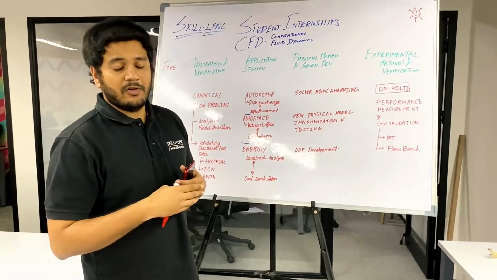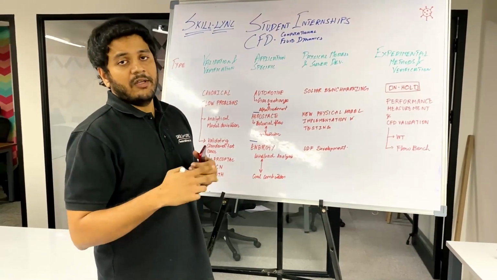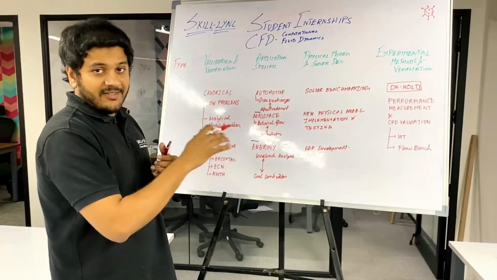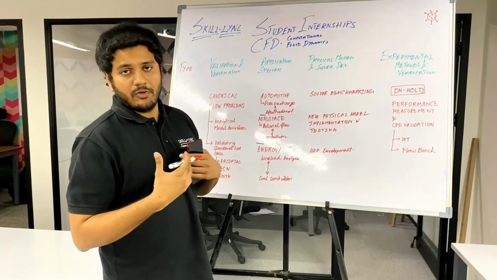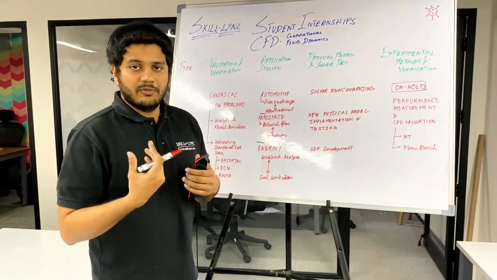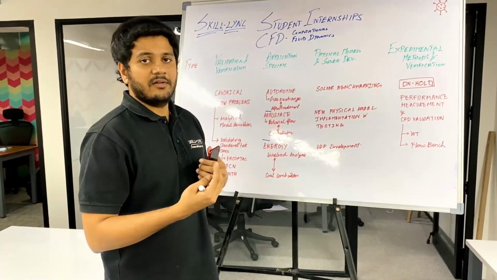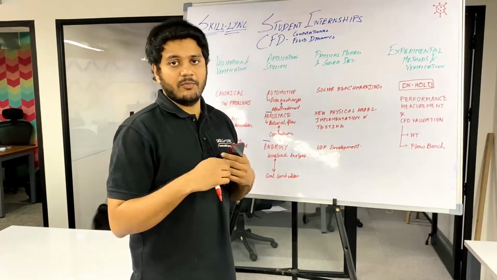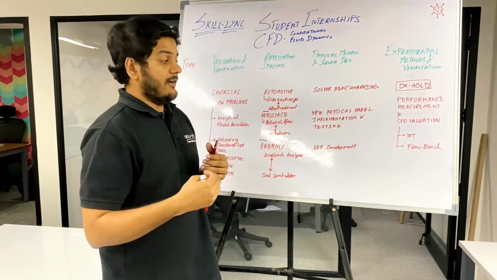It can be a pump, or it could be an IC engine, right? So this is, like I said, still on hold, but once we're able to operate this completely, students will be able to run experiments. They will be able to take realistic data and then take that data, plug it into their simulation model, and do extensive validation.